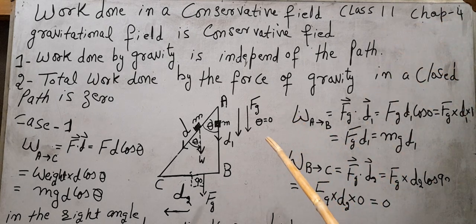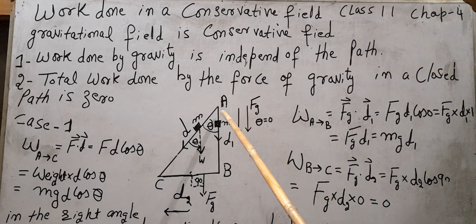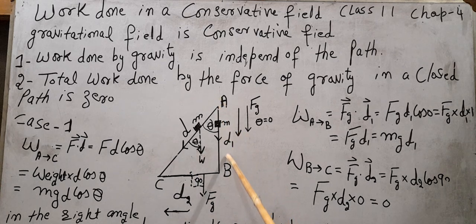For example, if this body is brought from A to B, and then from B to C, then in moving the body from A to B, then B to C, we note the work done by the force of gravity.